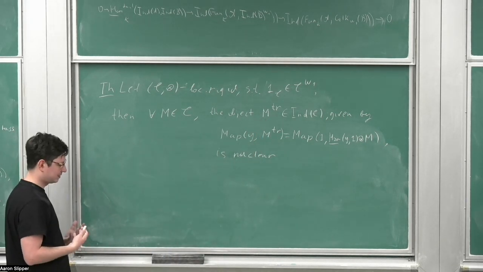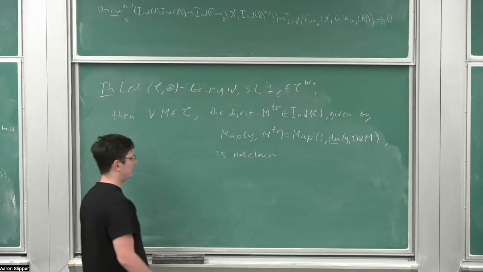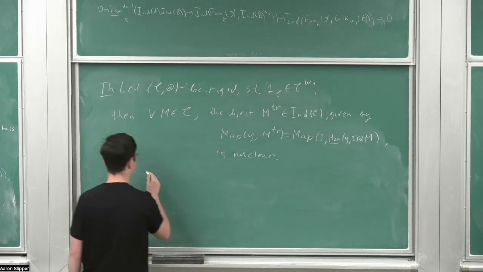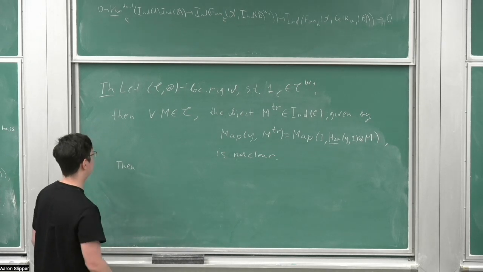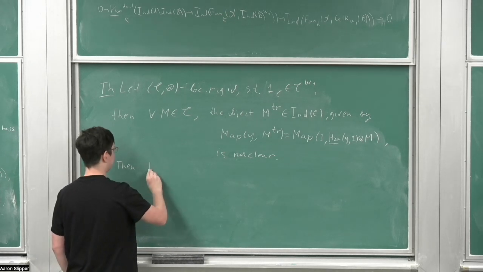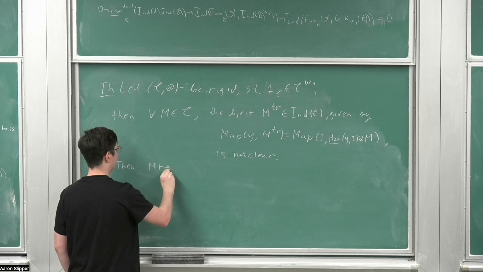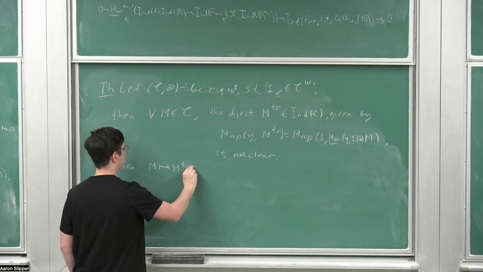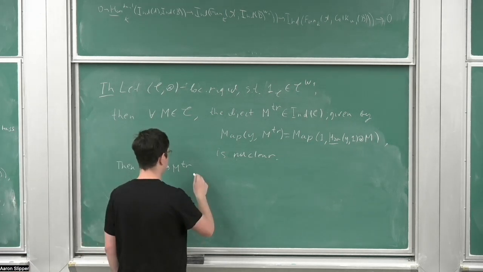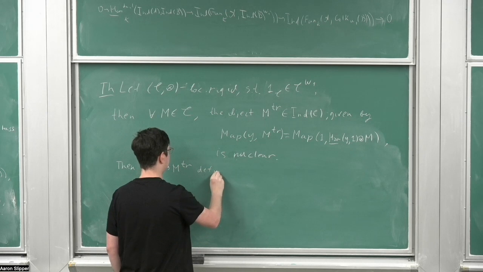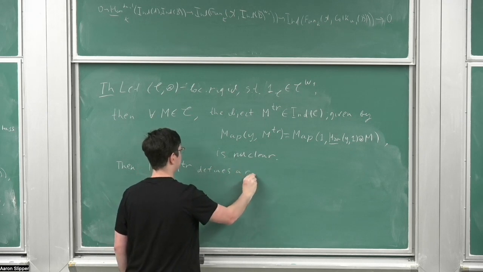So the meaning of this condition is that under this condition, the functor M to M trace defines a right adjoint.